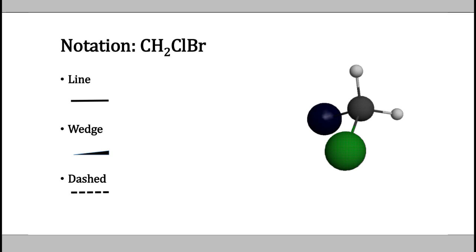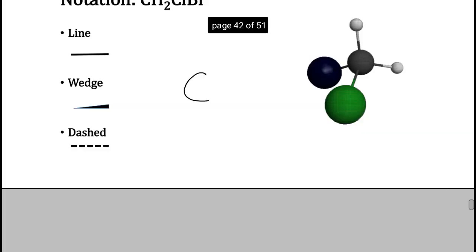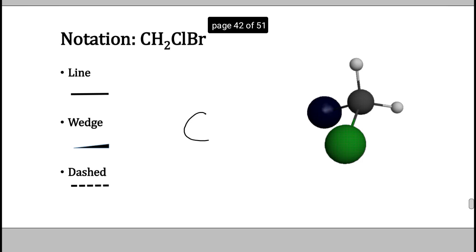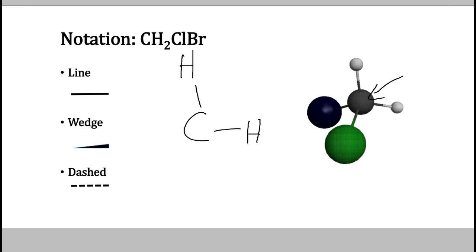So here for CH2ClBr, carbon is right there, our central atom, and then we have a hydrogen atom off to the side and a hydrogen atom coming up.